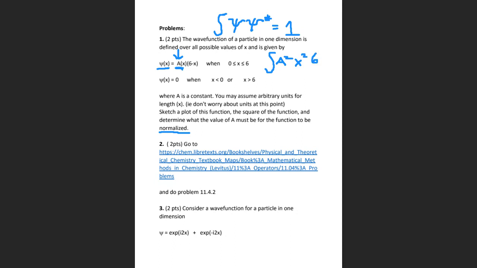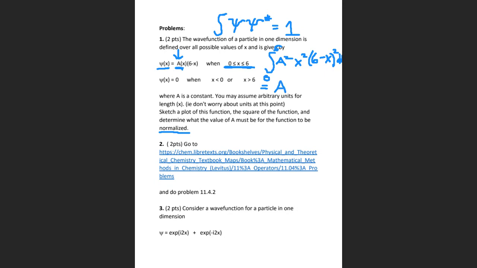And so you'll be taking the integral of a squared x squared times (6 minus x) squared. Further, not all the values of x you have to worry about in this case. It's only not 0. As you'll see, like the particle in the box, it's only not 0 in a certain range, 0 to 6. Oh, and then you pull a squared out front.